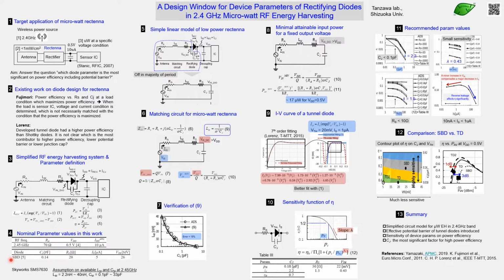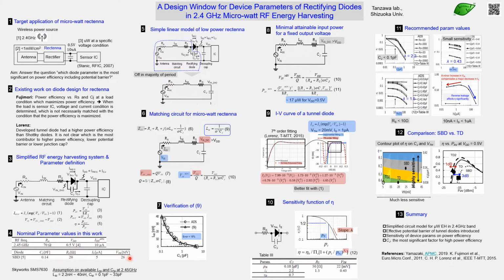And we assumed in this work the diode is the Skyworks SMS7630, which has these device parameters.